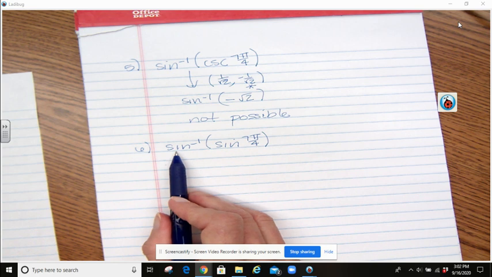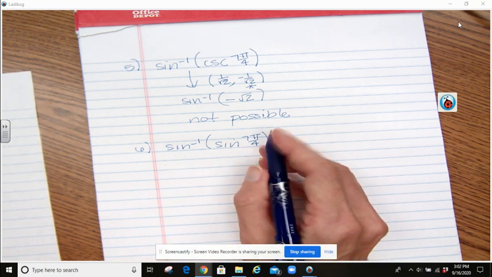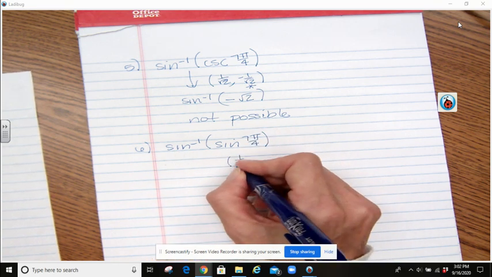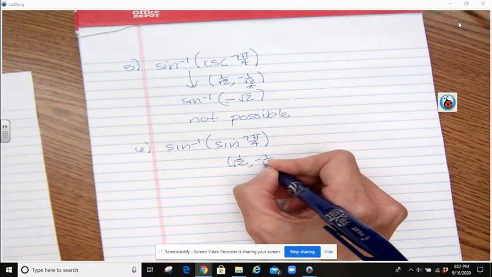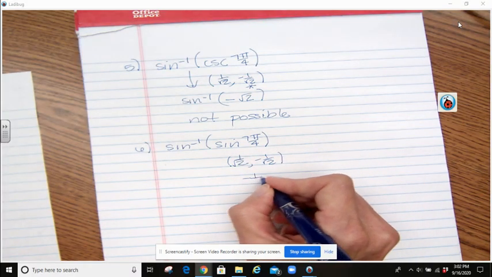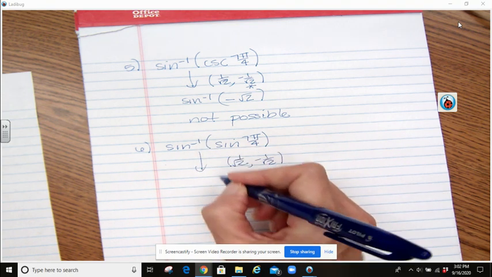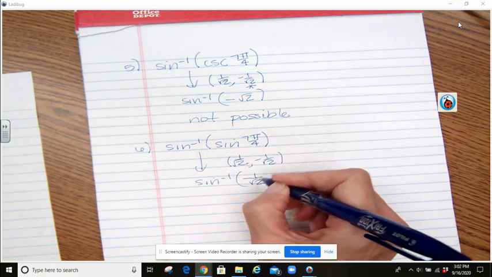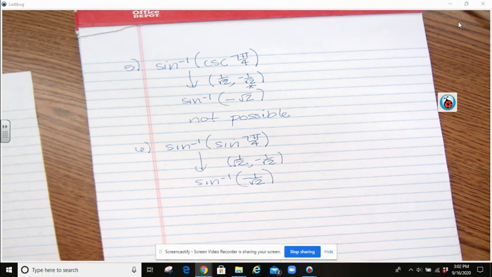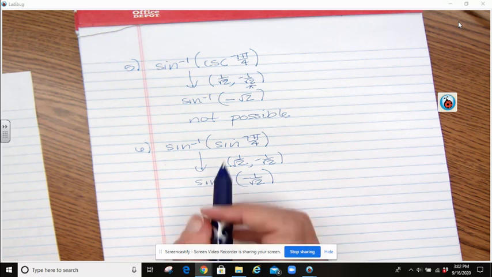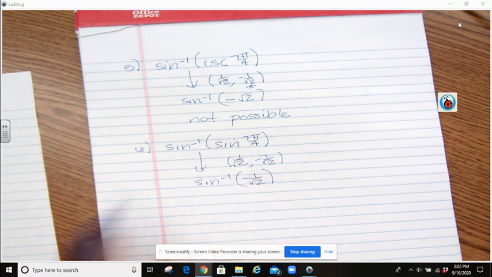So if we work it all the way through, 7 pi over 4, the ordered pair would be 1 over root 2, negative 1 over root 2. The sine would be negative 1 over root 2. So I need the angle whose sine is negative 1 over root 2. Okay, so again, shortcut, I should just be able to cross those out and answer with 7 pi over 4. But that's not an okay answer for an inverse sine problem.